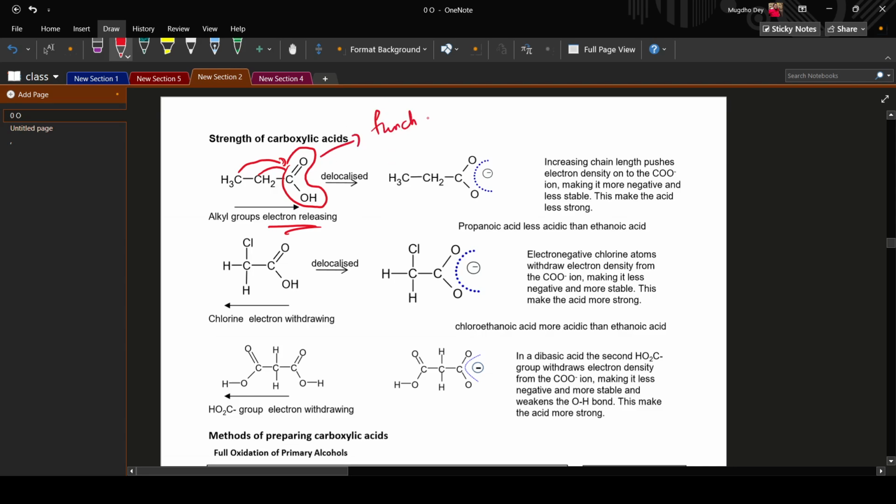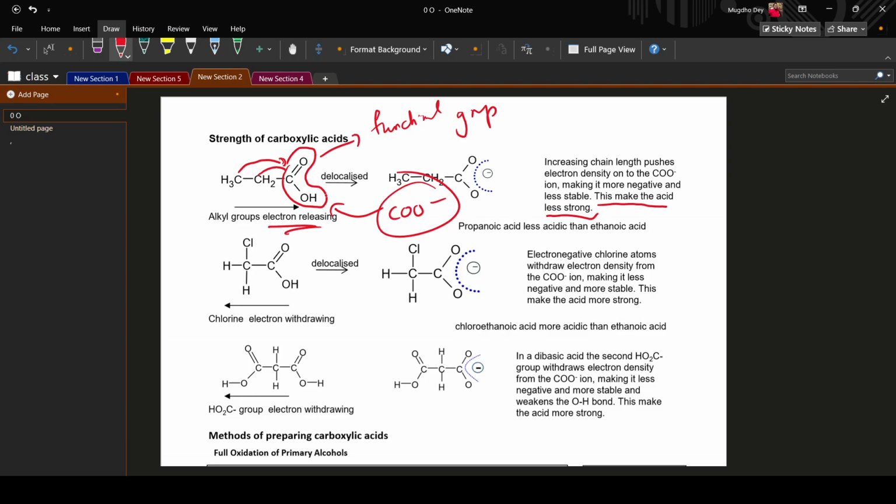So the electron density increases in this region, making it more negative and less stable. This makes the acid less strong. If the functional group becomes more negative, then the strength of the carboxylic acid decreases.